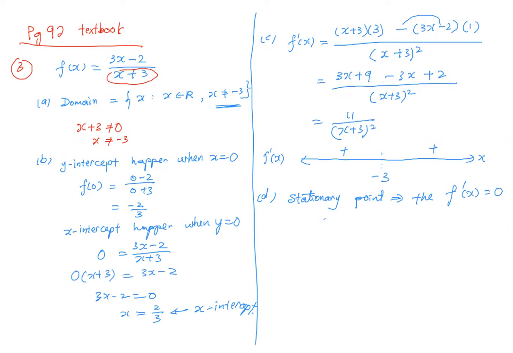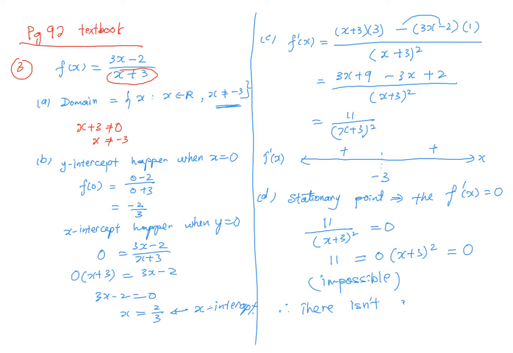So if I put f prime x equal to 0 here, I have 11 equal to 0 times x plus 3 squared, which is impossible. How can 11 be 0? Am I right? So therefore there isn't any stationary point. Okay?